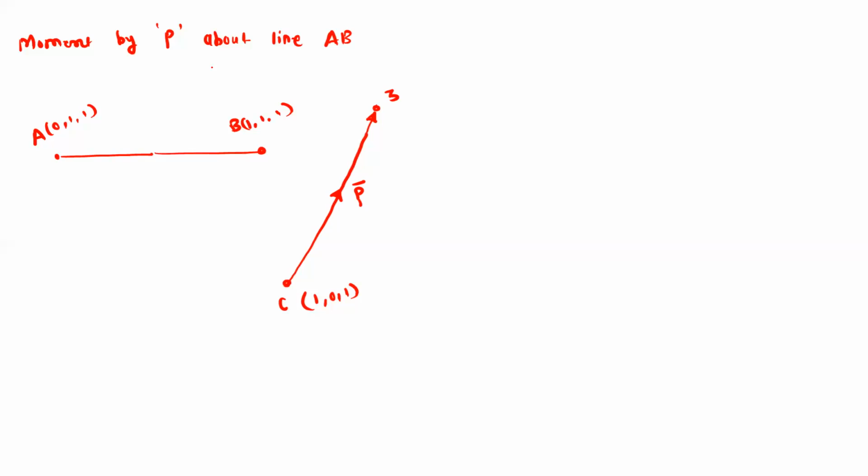Okay, so when you find out the moment by the force about the line or about any given axis, the first step is we have to find out the unit vector along that line. Here the line given is AB. We will represent that unit vector as lambda bar.